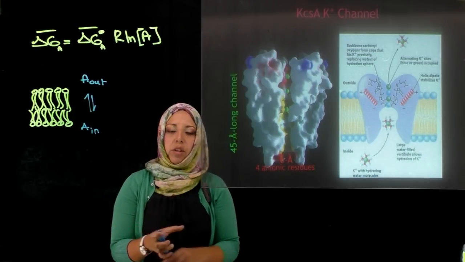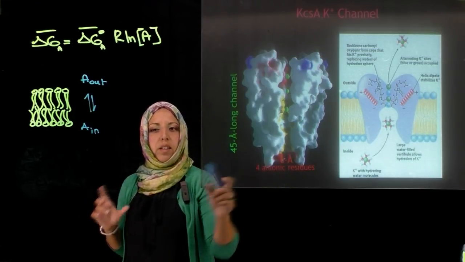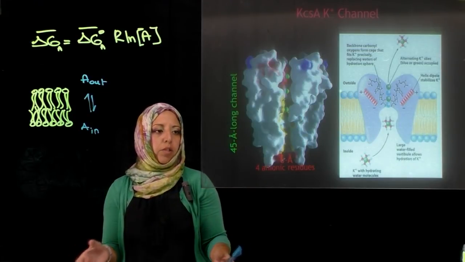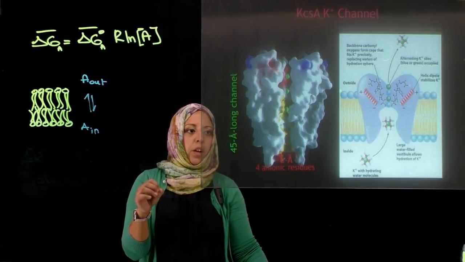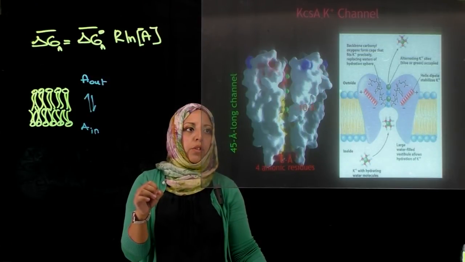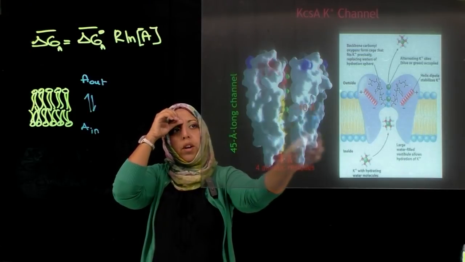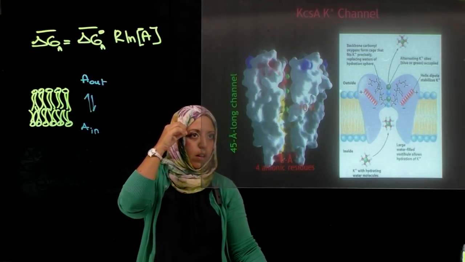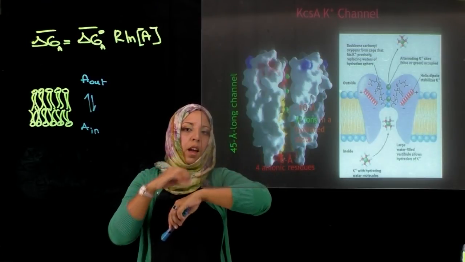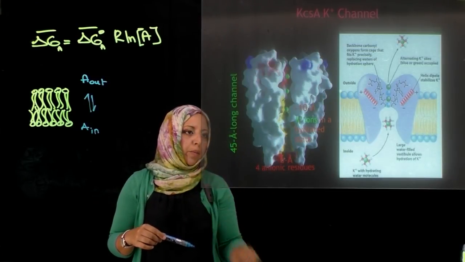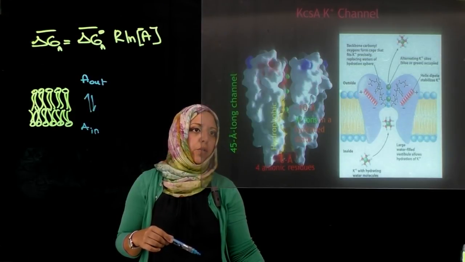But that particular part is 6 angstroms because potassium comes in a hydrated form. And as it passes through, that center part is about 10 angstroms long, and it's lined with hydrophobic residues, and that's basically the yellow, right? And they come in a hydrated form.